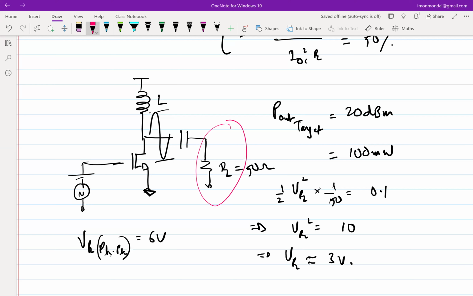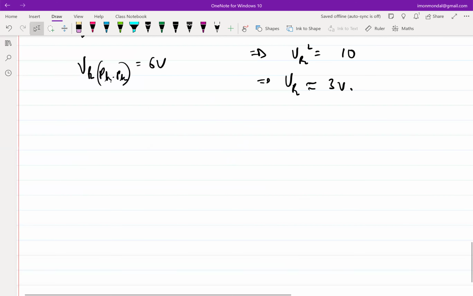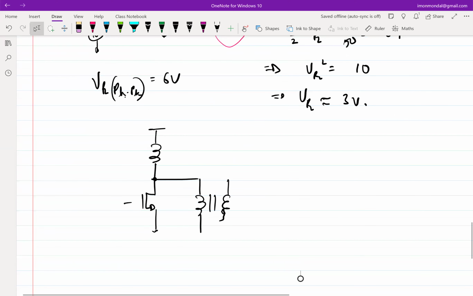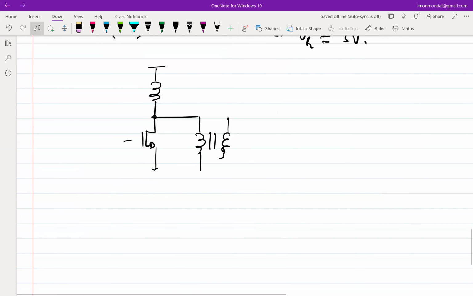So the only way I can do that is probably to use a transformer which transforms this RL to a lower impedance, so the device sees a lower impedance, but the 50 ohm exists somewhere else, right? We need an impedance transformer. So I put a matching network then. I am showing it as a transformer, but you know what types of matching networks you can use.